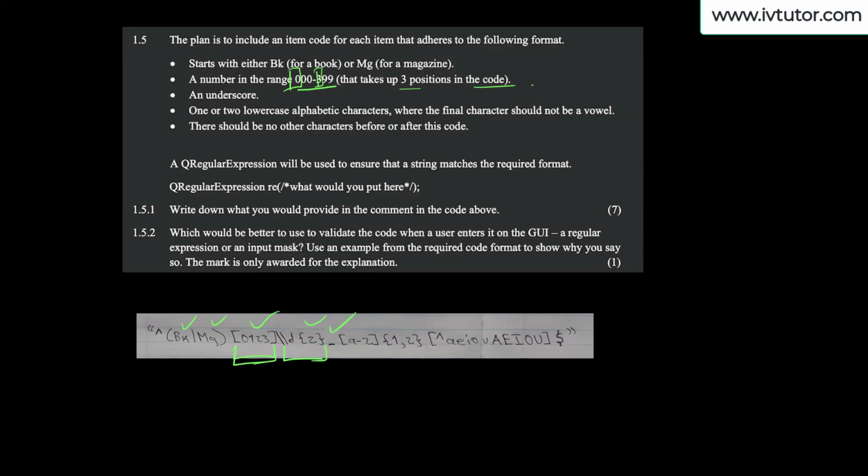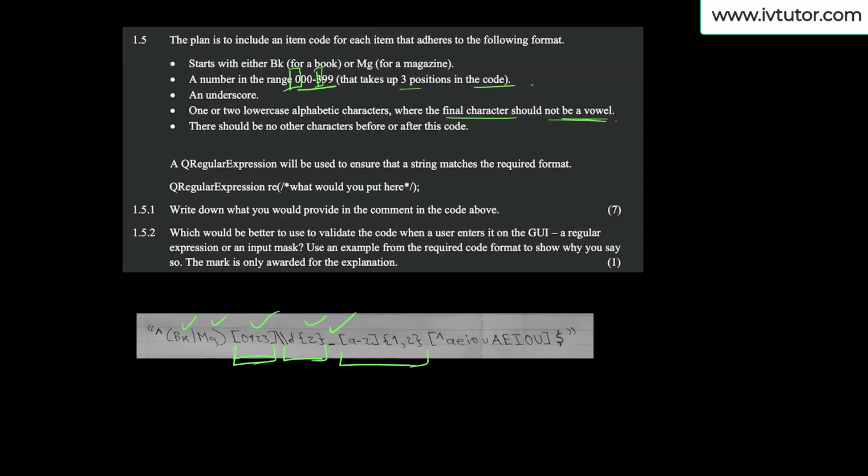And underscore, fine. 1 or 2 lowercase alphabetic characters where the final character should not be a vowel. Now, it's 1 or 2, right? So here you already catered for 1 to 2.